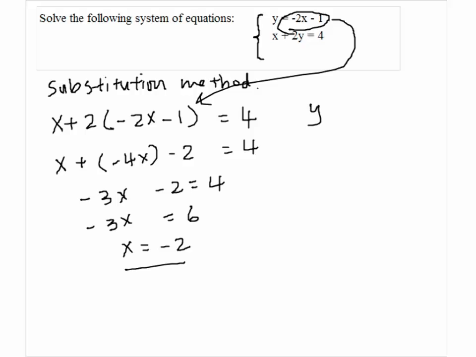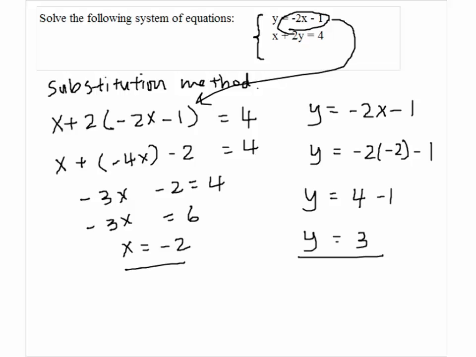To find y, we will use the top equation, which is y equals negative 2x minus 1. So y equals negative 2 times negative 2 minus 1. So y equals 4 minus 1, which will give us 3. So the answer will be negative 2, 3.